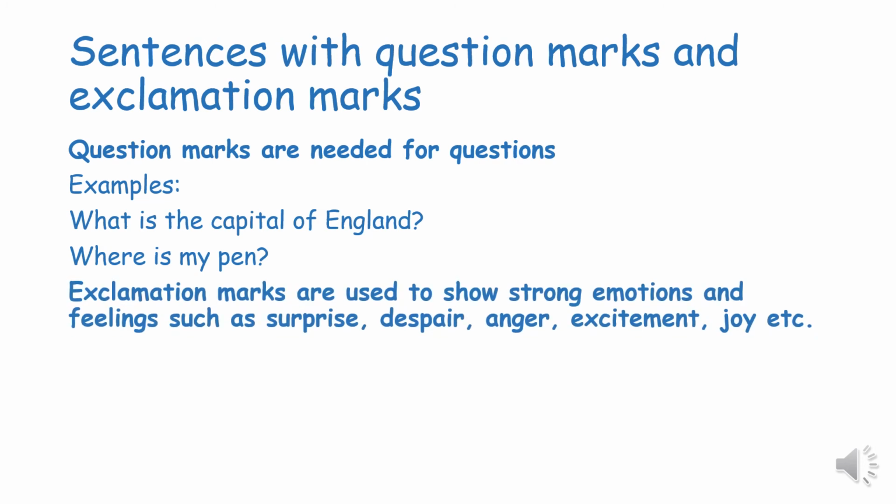Exclamation marks are used to show strong emotions and feelings such as surprise, despair, anger, excitement, joy, etc. And here are a couple of examples for you. How wonderful! How dare you! Oh no! So you can see these all show strong emotions and feelings. So there is an exclamation mark after.